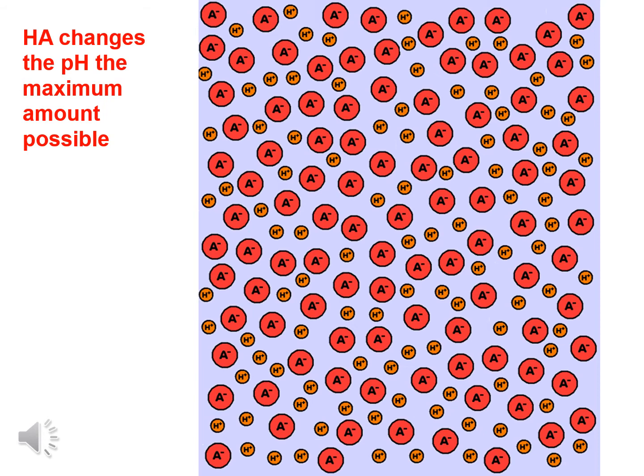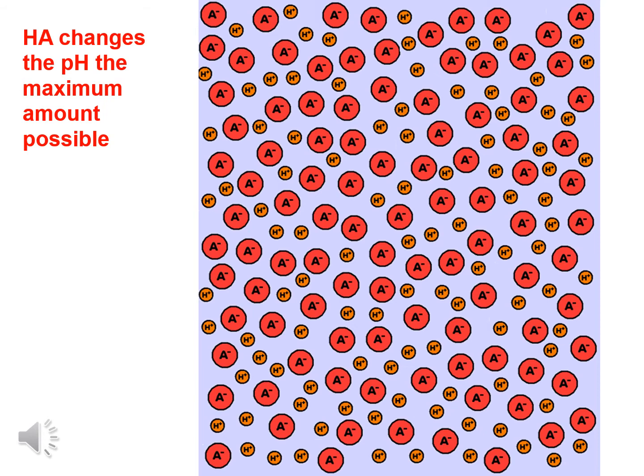I put these 100 A minus and H plus ions in solution because a strong acid is 100% ionized. As soon as you put a strong acid in solution, the pH goes down to the maximum extent it can because all of the H pluses are released in solution. The only H pluses that change the pH are ones that are not attached to anything else. And in the case of strong acids, that's exactly what happens.